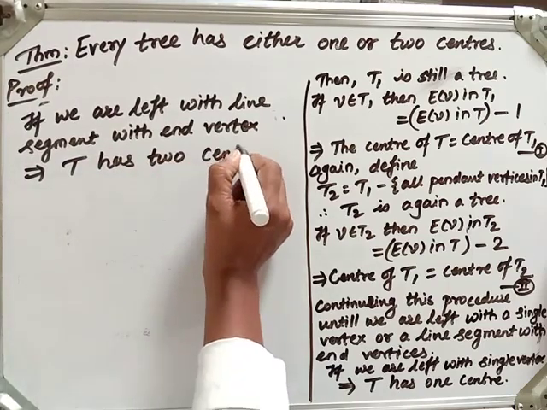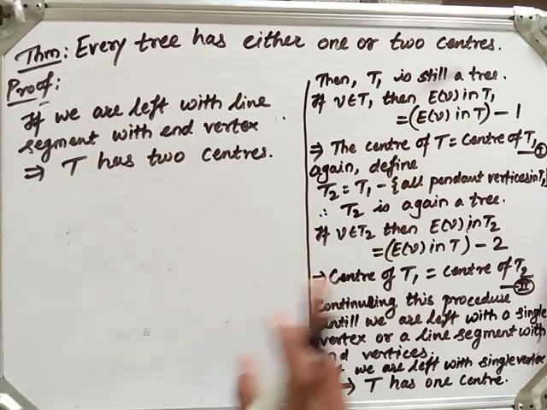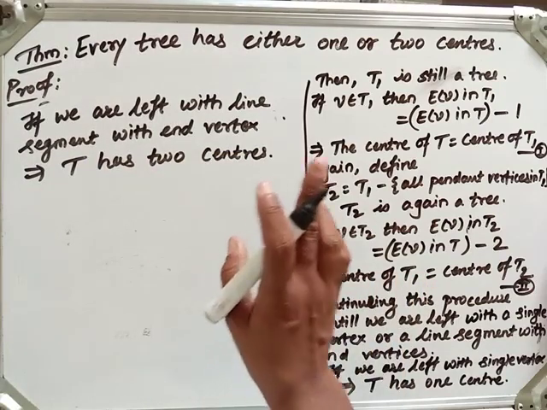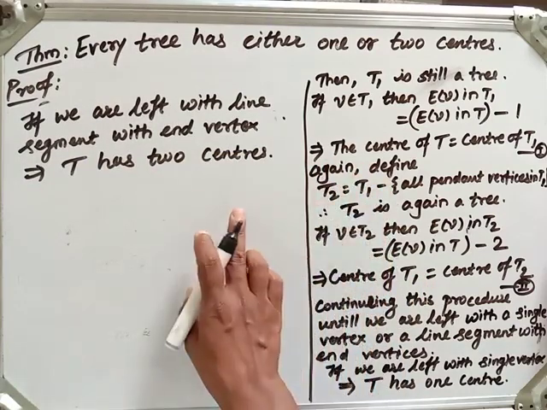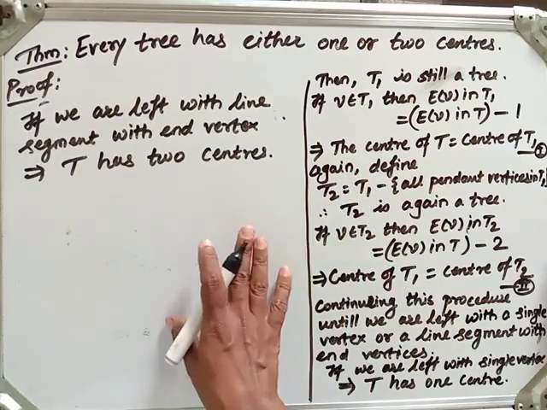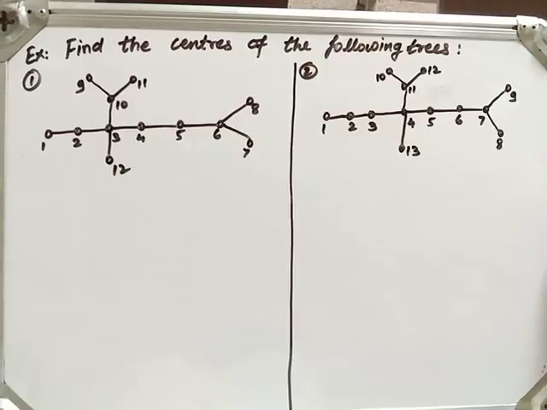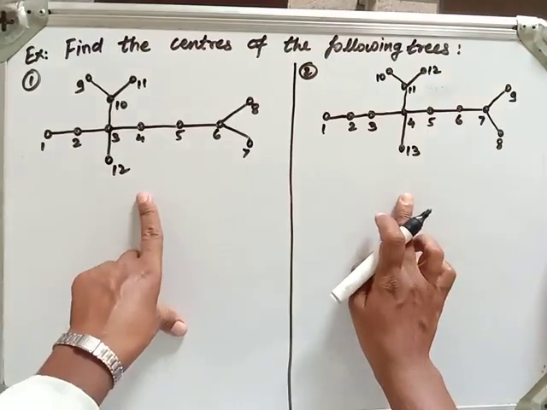So T has either one center or two centers. Here the proof of the theorem is over, but for your understanding let me take an example so that it will be clear to you. Now look at these examples.